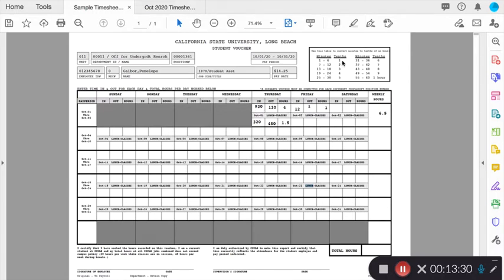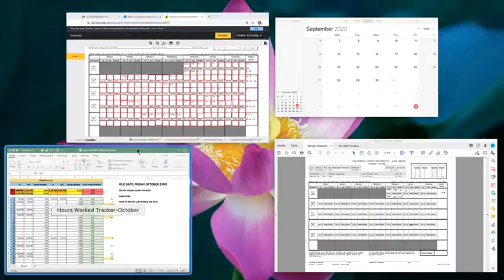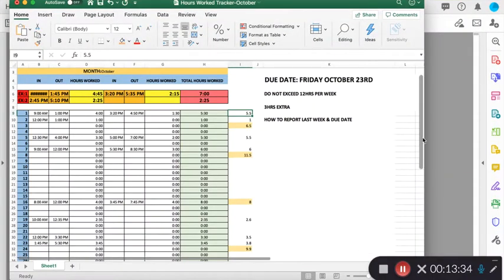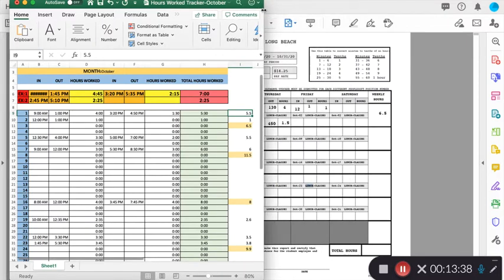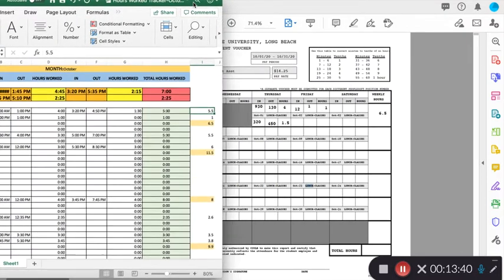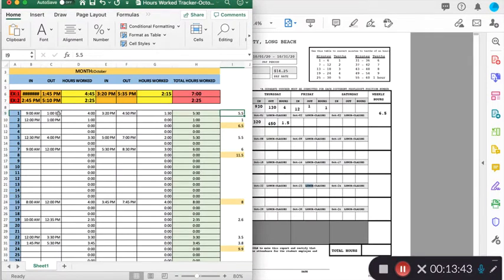I'm going to show my tracker real quick. So for the first day of October 1st, I reported hours from 9 a.m. to 9:30 to 1:30 p.m. So right here, it's wrong.